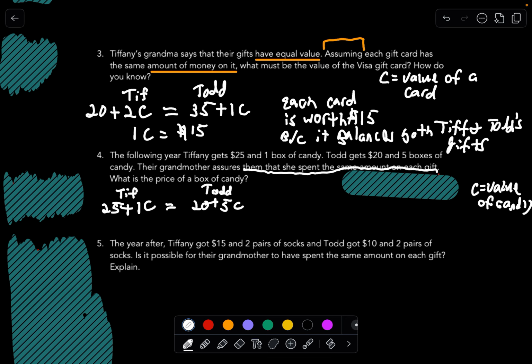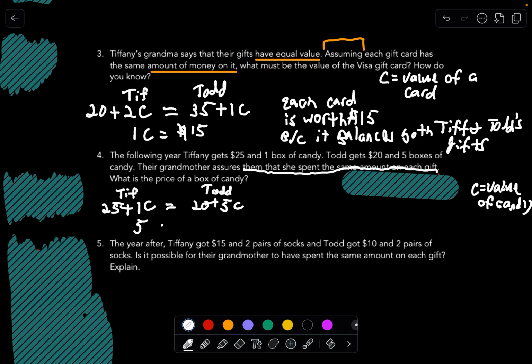Well, do you agree that Tiff got $5 more? Right? You got 25 in cash and Todd got 20 in cash. So Tiff got $5 more in cash, but Todd got 4 boxes more, right? Because you got one box here, 5 boxes here. So Todd got $5 less, but 4 more boxes of candy.